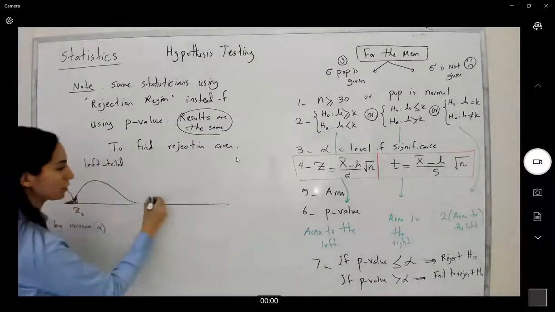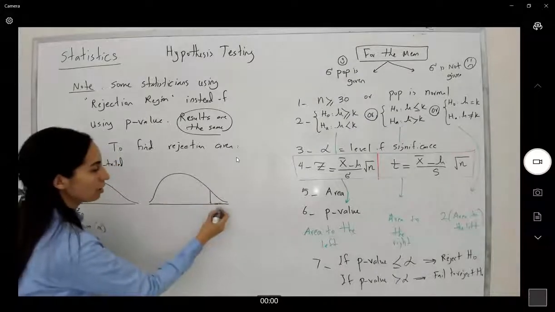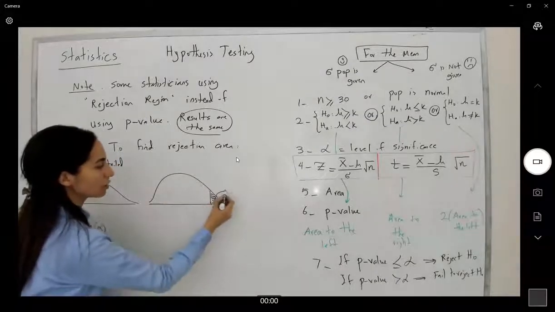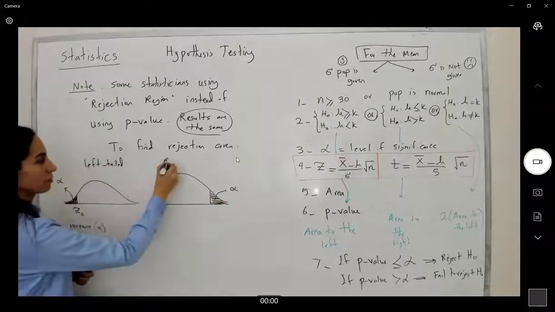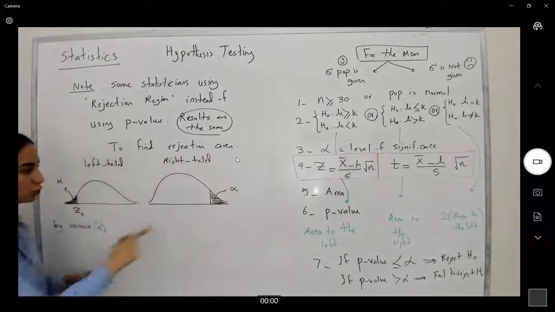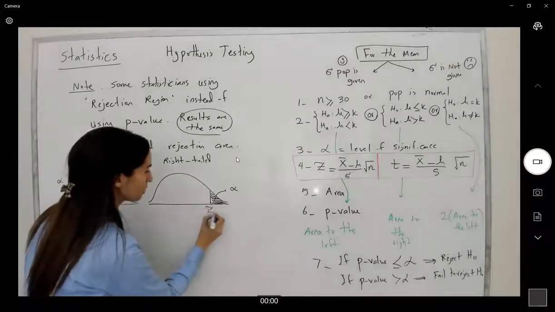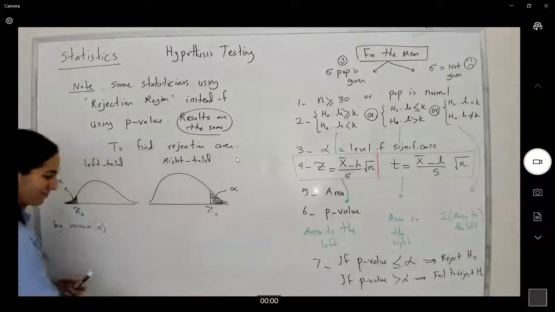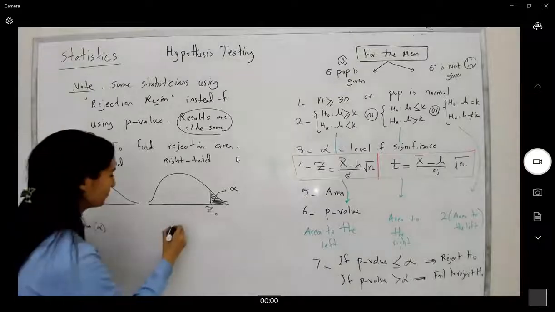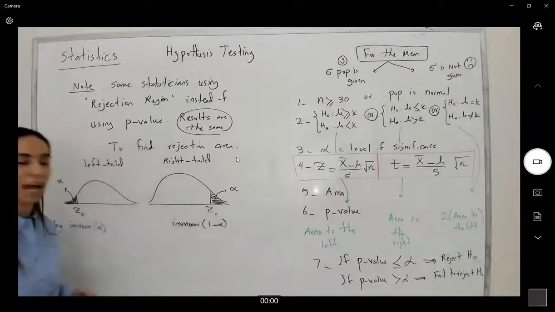If you have a right-tailed graph, this is the area to the right. This is your alpha. To find z sub 0, sorry, we use inverse norm 1 minus alpha.